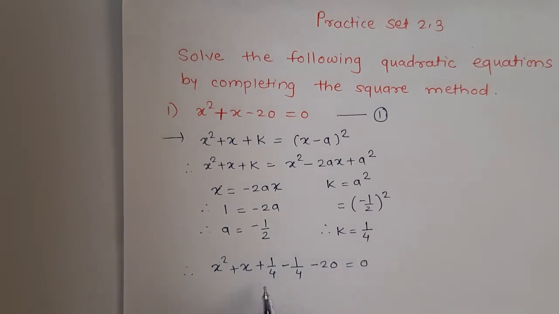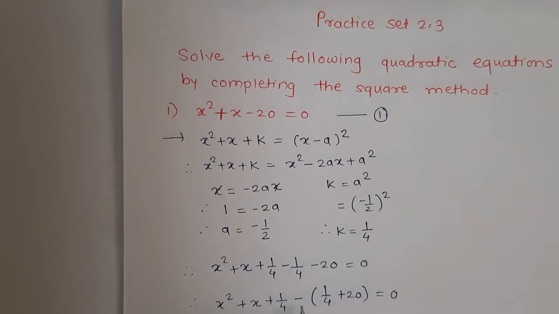When we add and subtract the term, it cancels each other and our original equation is as it is only. Now here we have to make a group of this. So we get x square plus x plus 1 upon 4 minus 1 upon 4 plus 20 equals to 0.